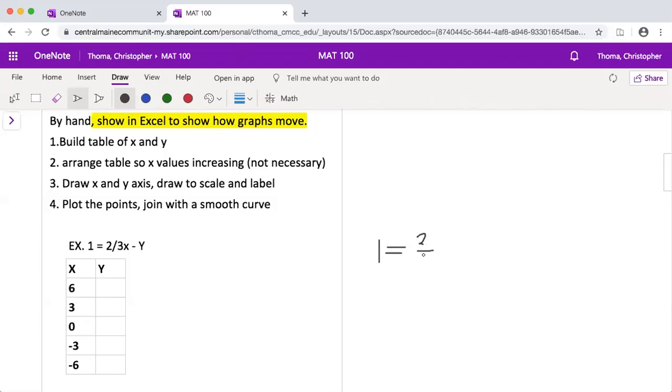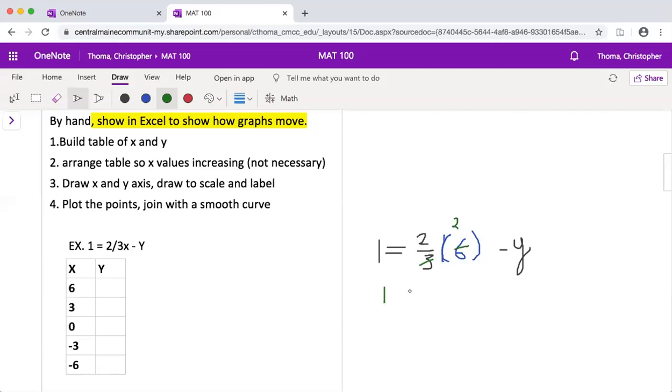So 2/3, and in the first case, X is 6, minus the Y. We're going to have to get comfortable with fractions because most slopes are fractions. So I picked 6 on purpose because this 3 can go into this 6 twice.